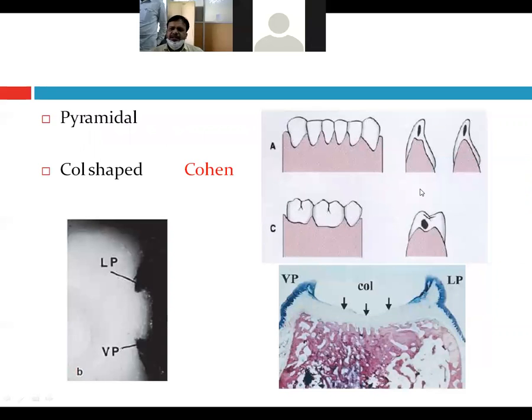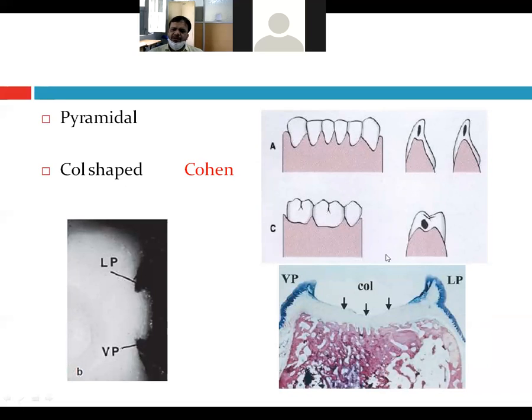As you can see in this diagram, the interdental gingiva in the anterior region is pyramidal in shape. This pyramid is formed by the buccal and palatal or lingual gingiva.